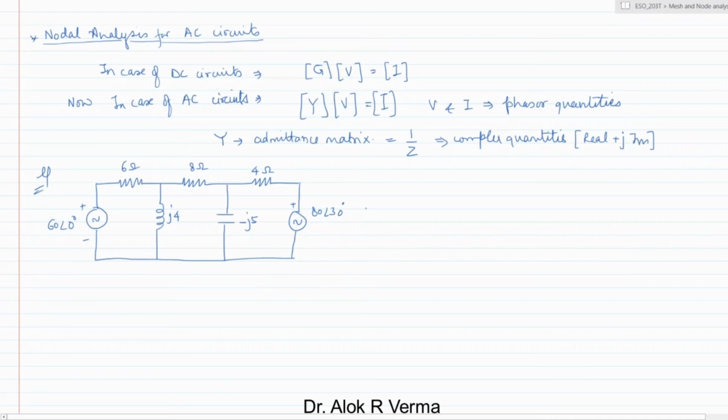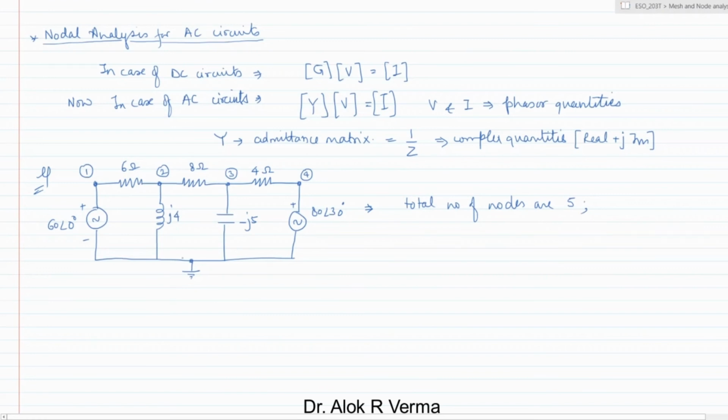So in this particular circuit, when we try to apply nodal analysis, you have to figure out the number of nodes. So let us find out the number of nodes. This is considered as the reference. So this is node 1, node 2, node 3, and this node as the fourth node. So in this circuit, you can clearly see that the total number of nodes is 5.